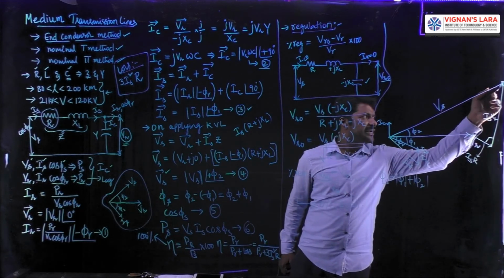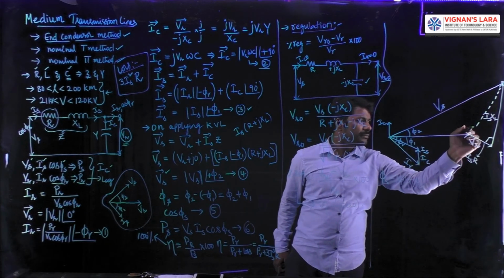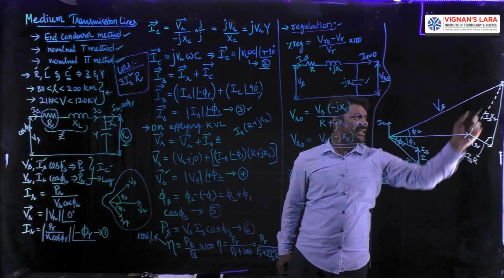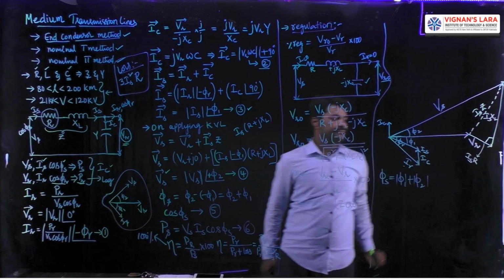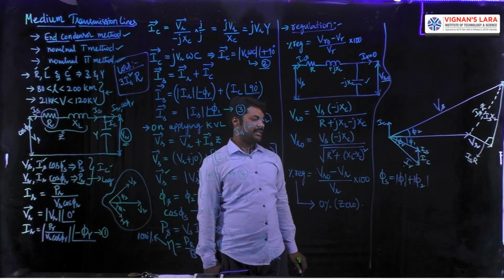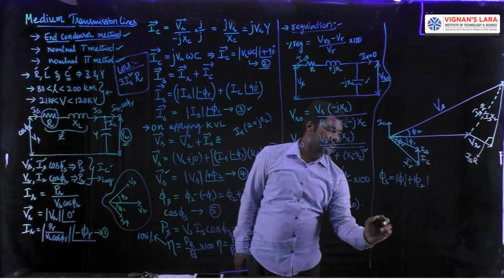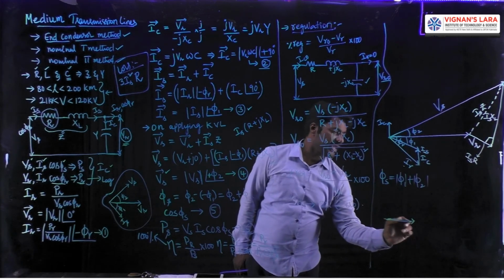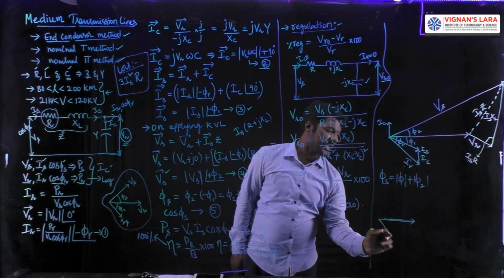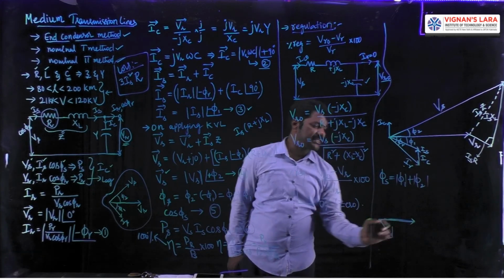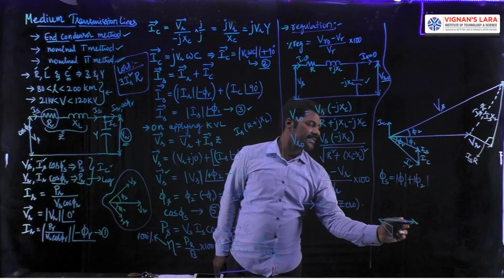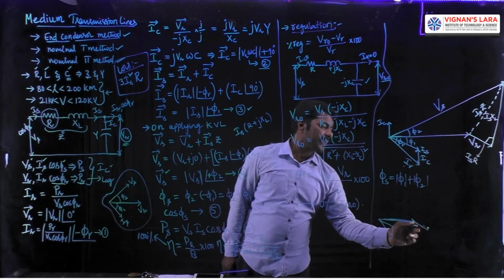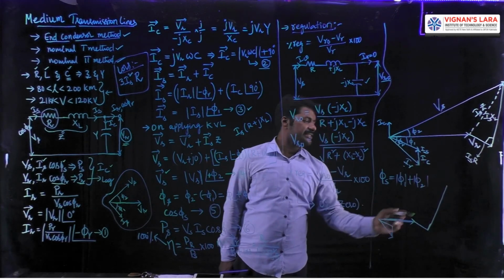Then if you represent here with a dotted line, an impedance voltage was created, which is called IS into Z. So once again, with a short notation I am writing here: this is VR, this is IR, this is IC, IS, IS into R, plus J indicates 90 degrees, this is IS into XL.